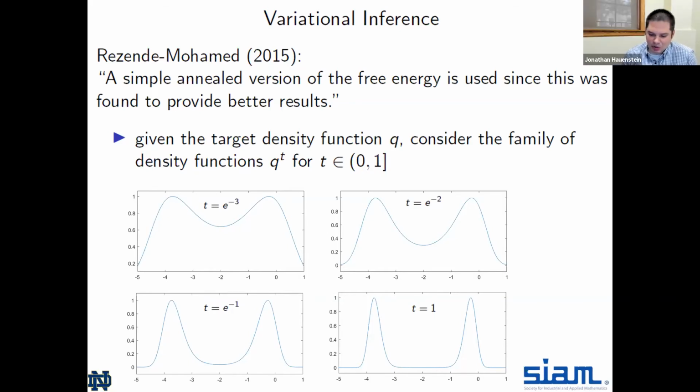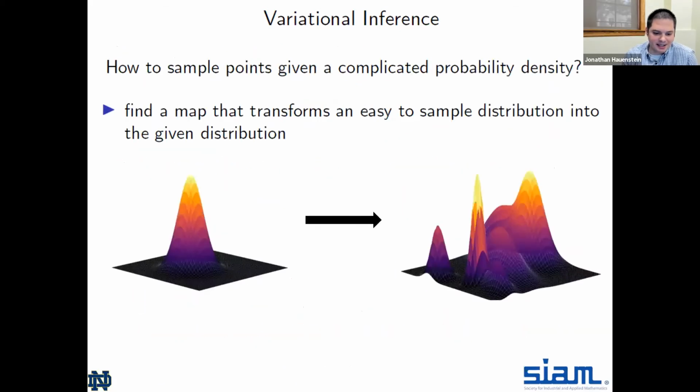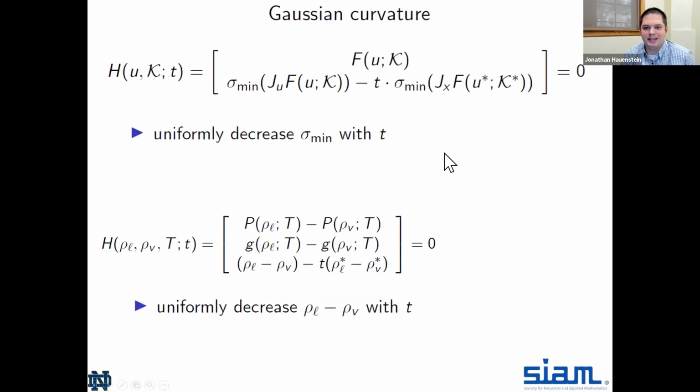Yeah, that's right. I wrote the homotopy in this way for ease of presentation. But what you actually do is every singular value comes with a left singular vector and a right singular vector.